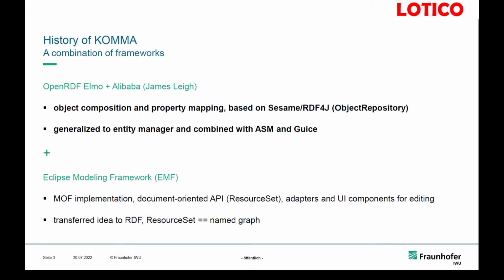So KOMMA transfers these ideas to RDF. It's actually a fork of the Eclipse Modeling Framework, and the resource sets in KOMMA are just named graphs of RDF and not XML documents like in the Eclipse Modeling Framework.